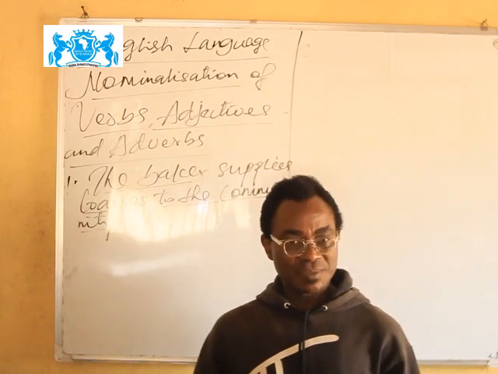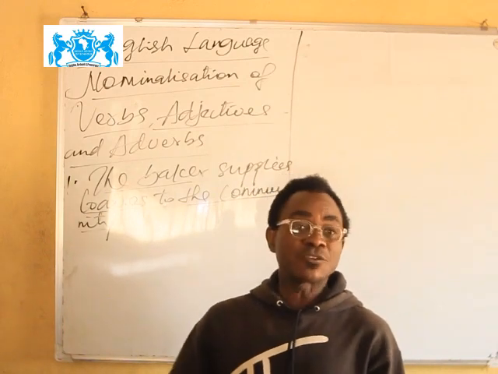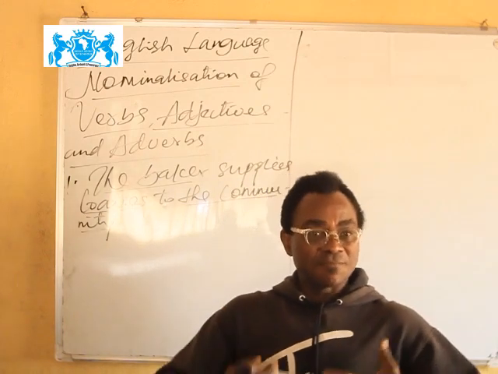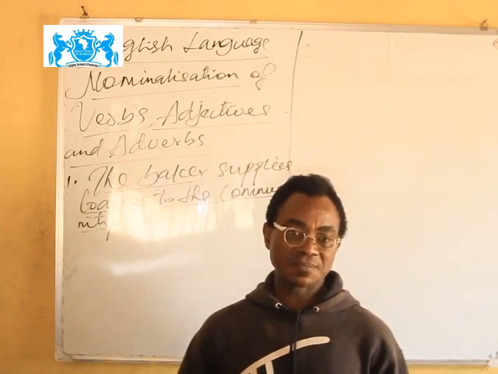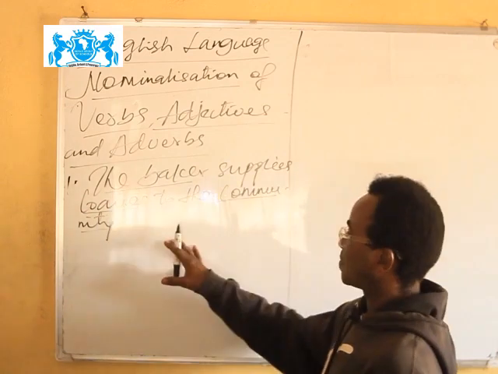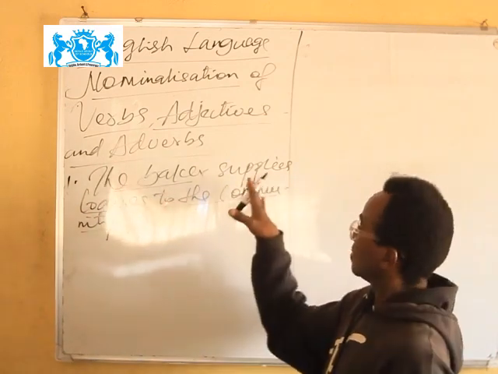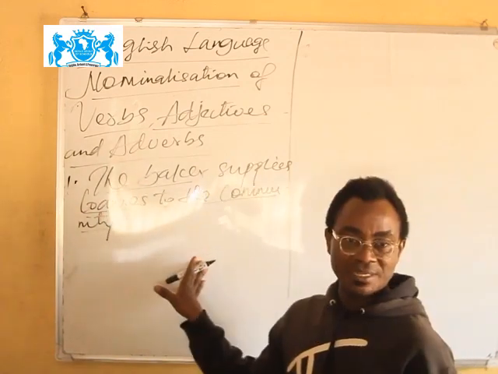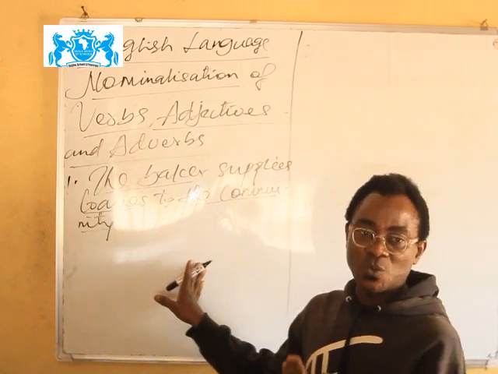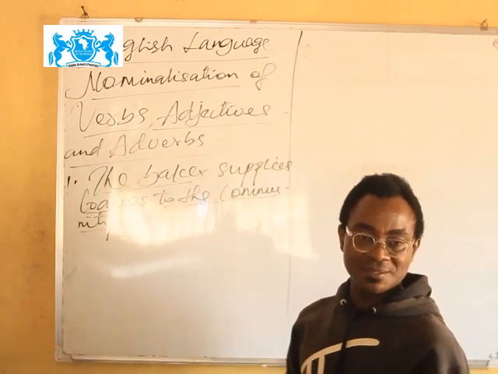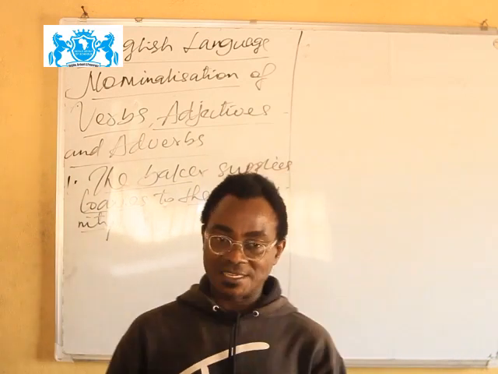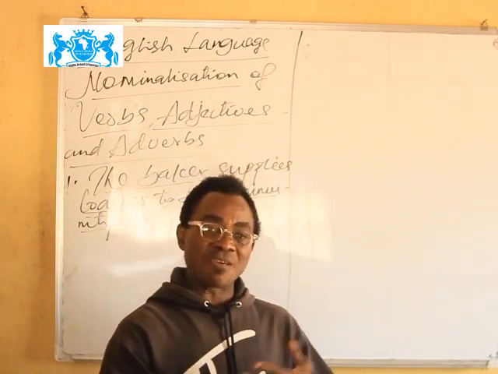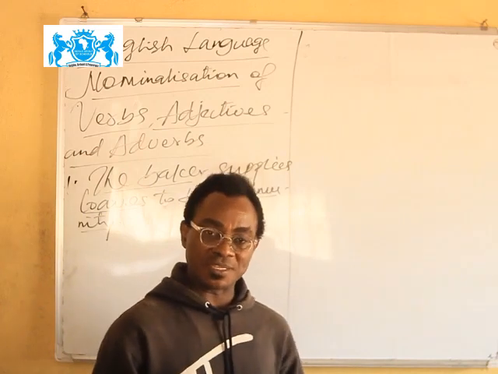Nominals are nouns and other words and groups of words that can stand for nouns and perform the functions of nouns in sentences. So in this example, the baker, loaves, and the community are noun forms, so we refer to them as nominals. And so when we talk about nominalization, we mean deriving nouns from other parts of speech.